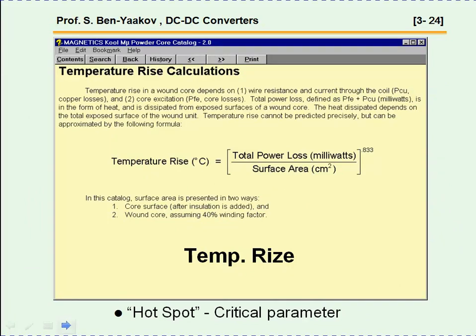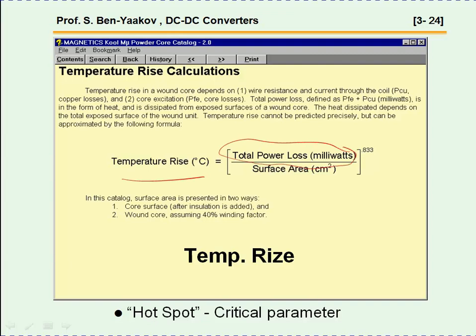There is an experimental equation that was found experimentally, which is shown here. And what it shows is that you can estimate the temperature rise by taking into account the total power loss.